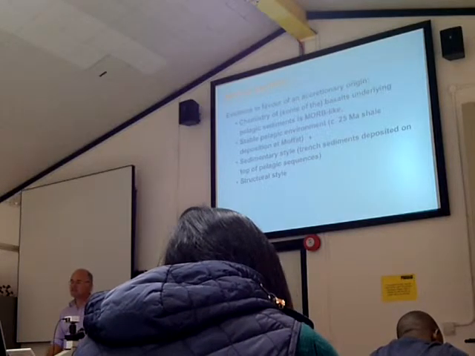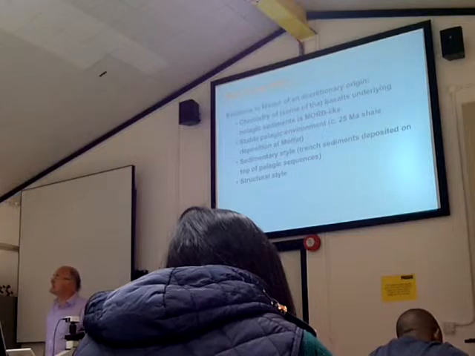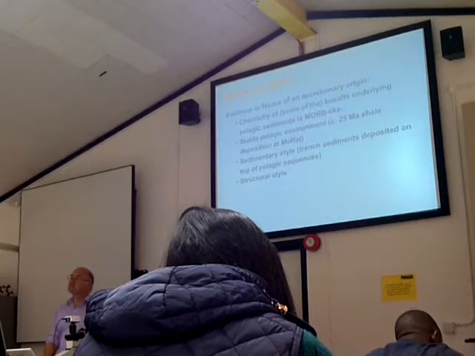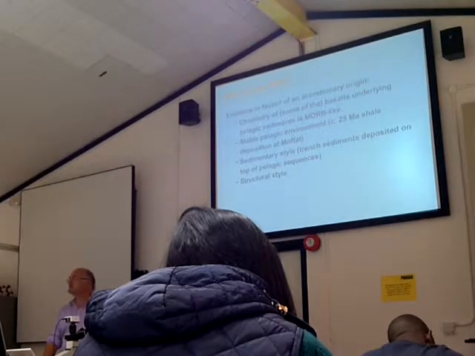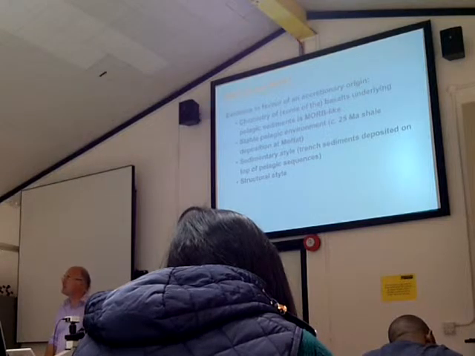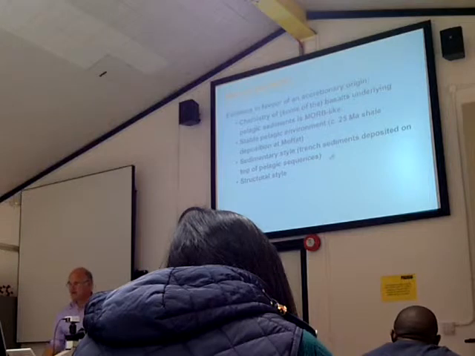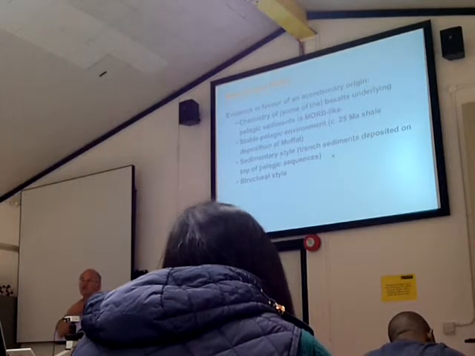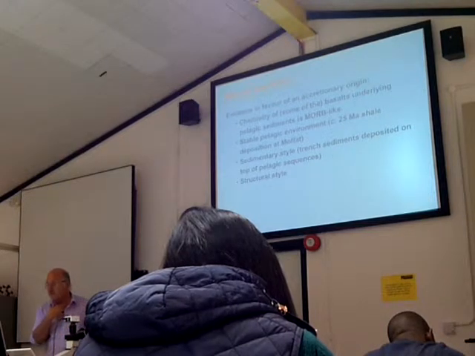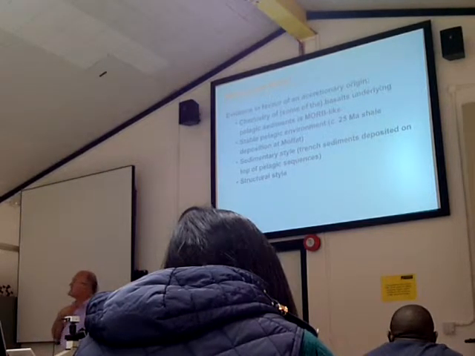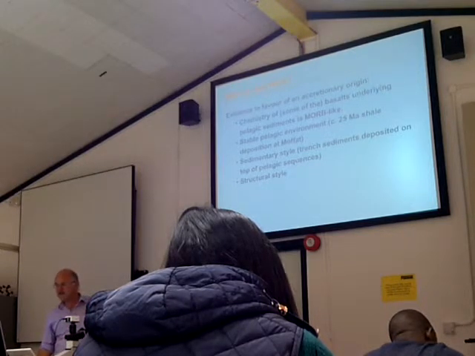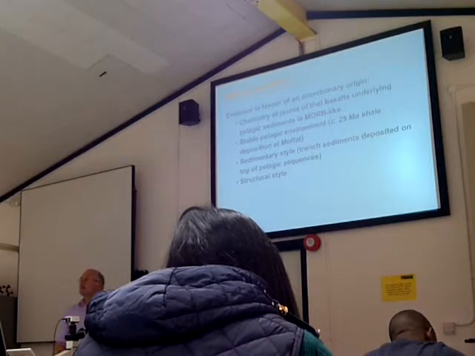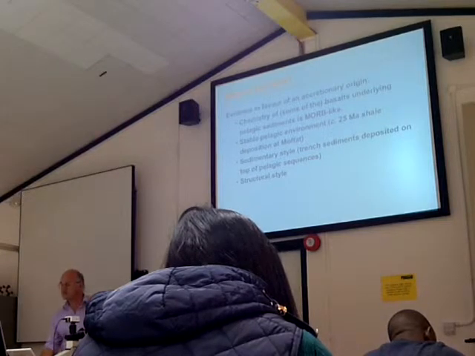Black shale deposition at Dobbs Linn, Moffat area, lasted for at least 25 million years. The sedimentary style, where we get trench sediments, the turbidites, deposited on top of our pelagic black shales, is in favour of the accretionary origin, and this structural style, the stacking by thrust, strongly suggests it.